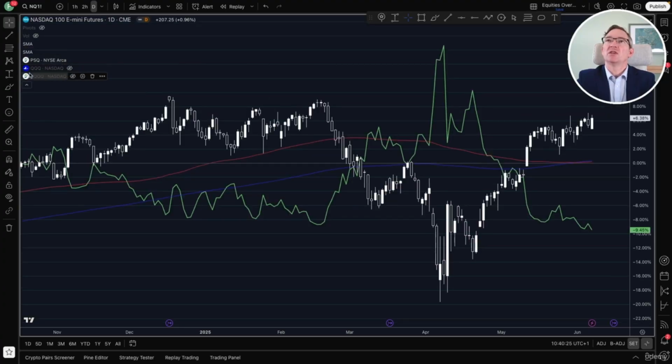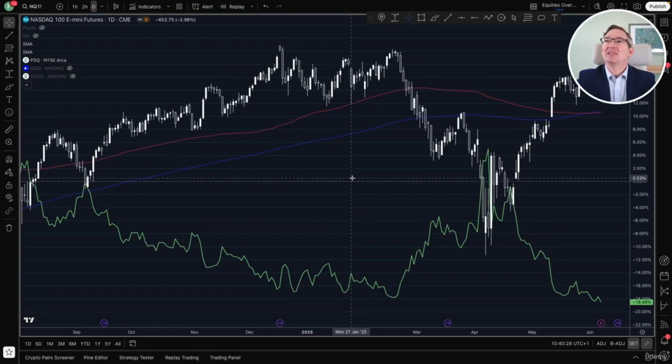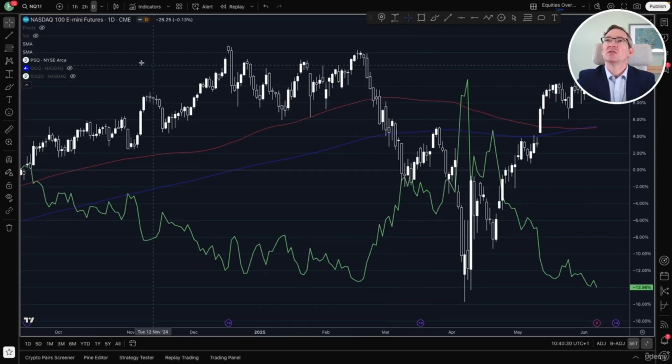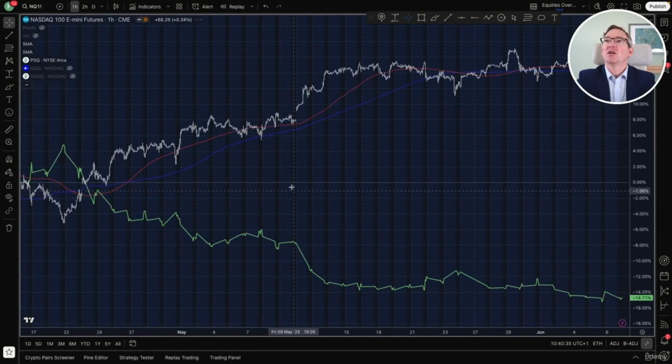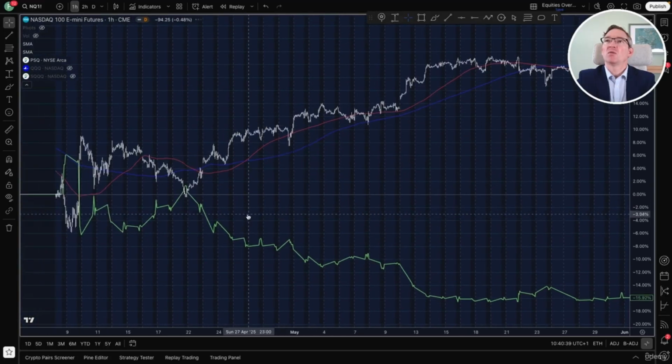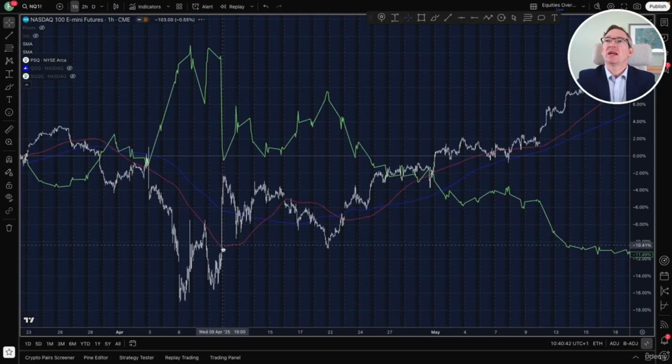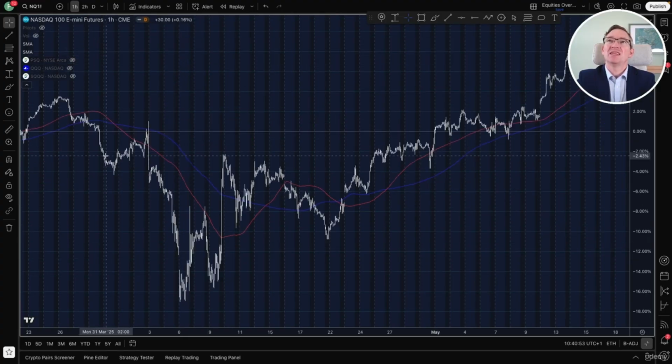You could maybe use the PSQ, which is the inverse for the NASDAQ. When the NASDAQ falls, see how the PSQ ETF rises. So this PSQ is an inverse ETF for the NASDAQ. It can be a very helpful tool.